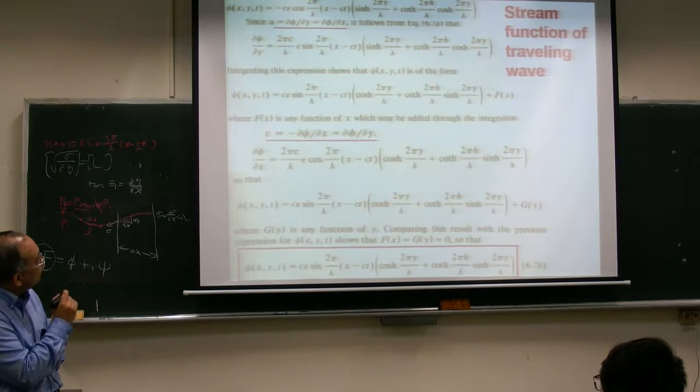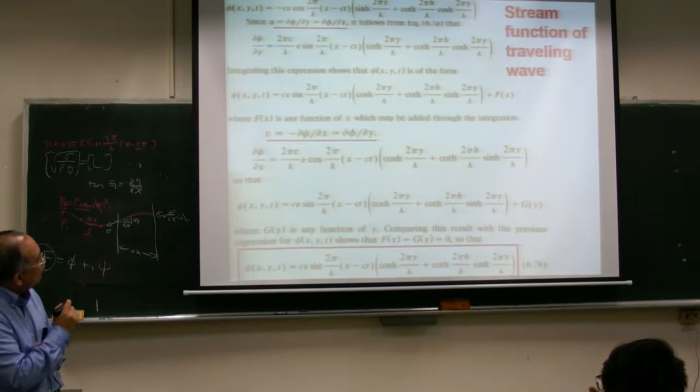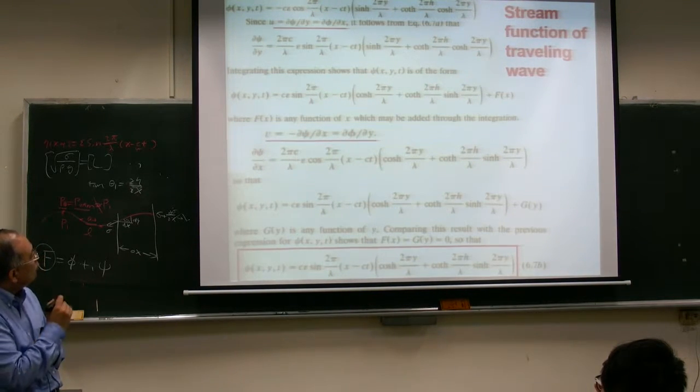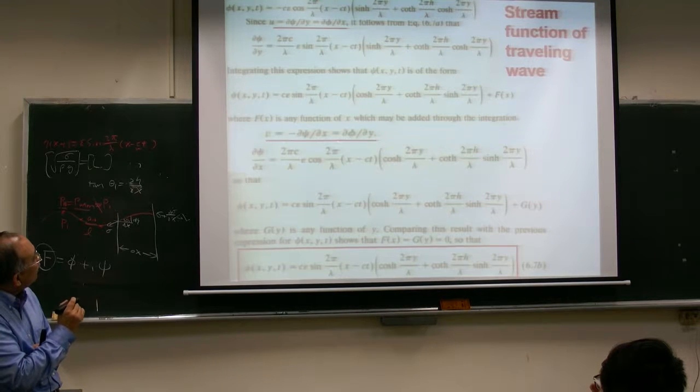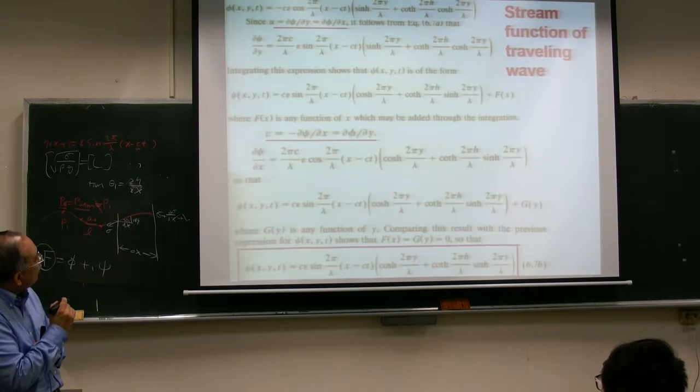This is the V velocity in the y component. So I take partial phi partial y, evaluate it, take a minus sign, and I can have this. Integrating with respect to x gives me the stream function psi.